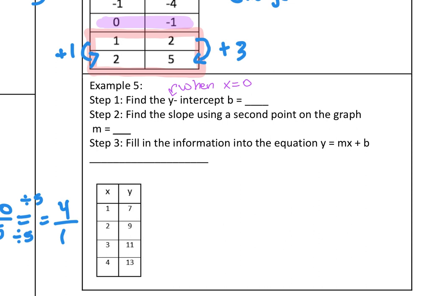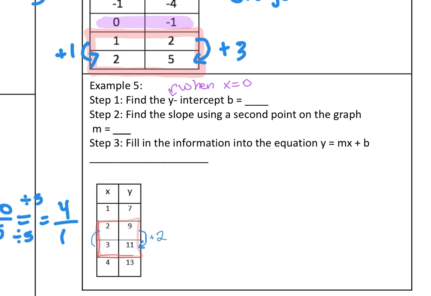Okay, so first we're going to find the slope since we do know how to find our slope. All right, so let's pick two values. So let's say I pick these two here. Okay. Alrighty. So from 9 to 11, we increase 9, 10, 11 by 2.